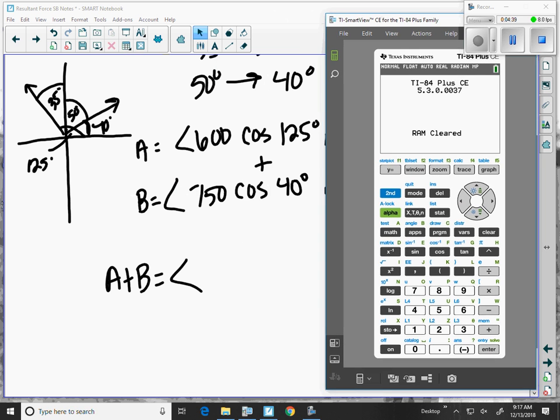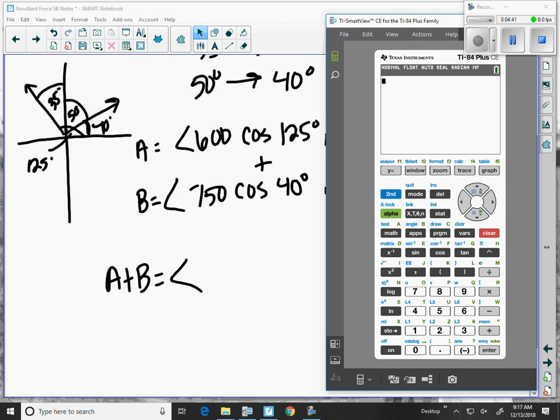Yes, always put parentheses. That's what I was assuming, but I just wanted to make sure. That's exactly how I'd put it in, like that.